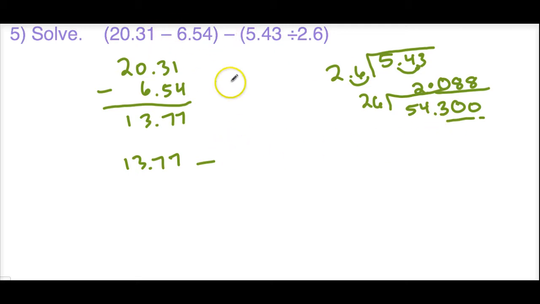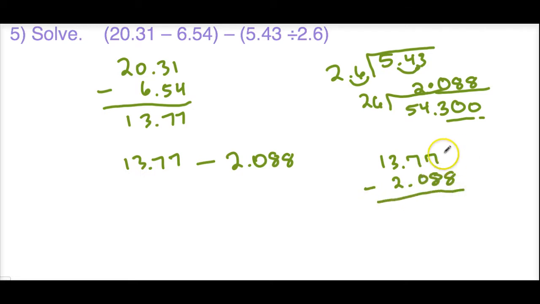So now I'm going to bring the rest of my problem down. And my last thing to do is subtract 13 and 77 hundredths minus 2 and 88 thousandths. So I'm going to go over here, and again, line up your decimal places when you are subtracting and adding.